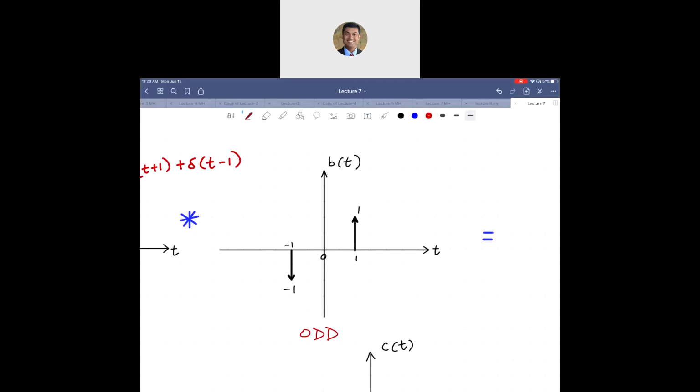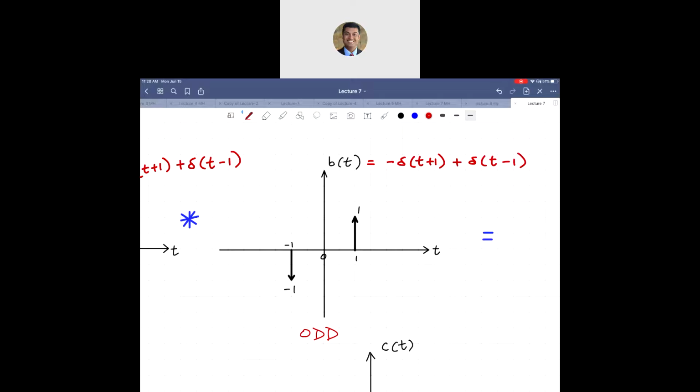Now b of t can be written in the form of impulses as, it's the same one. So negative delta of t plus 1 plus delta of t minus 1. Same as a of t in this case. Also odd because it is symmetric about the origin.